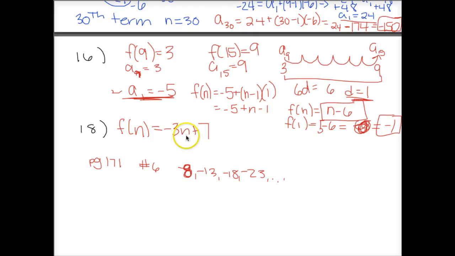So you start by plugging in 1. Negative 3 times 1 plus 7 gives you 4. Then plug in 2, 3, 4, 5, until you get to the 5th term. That gives you the answer: 4, 1, negative 2, negative 5, negative 8.